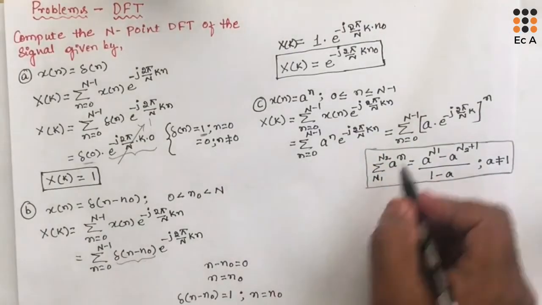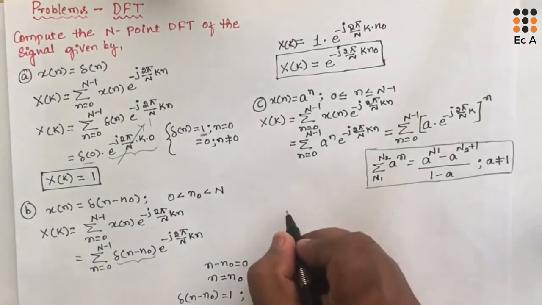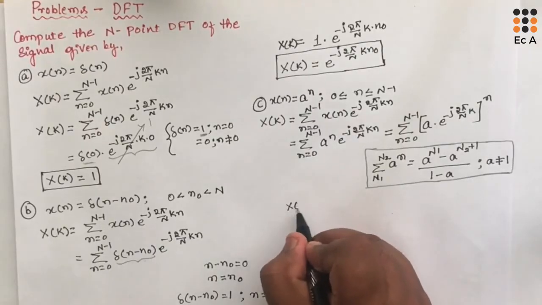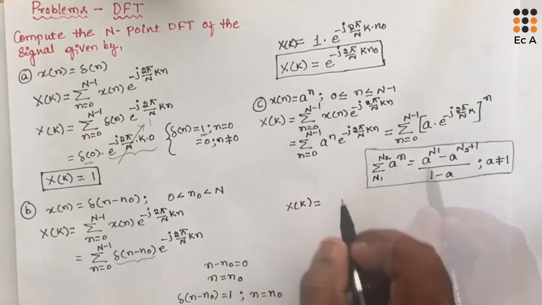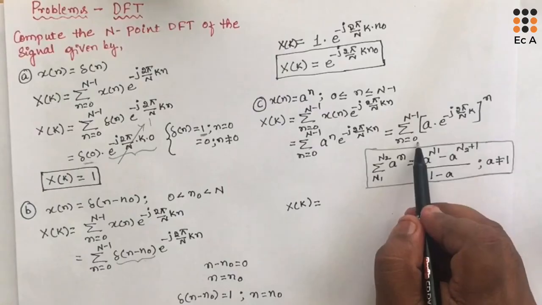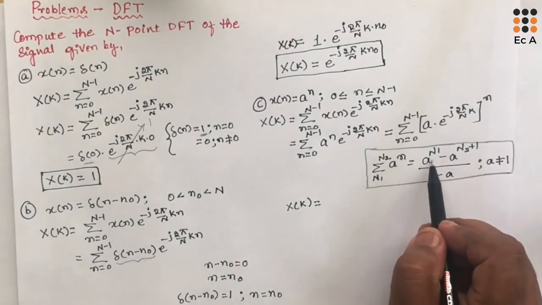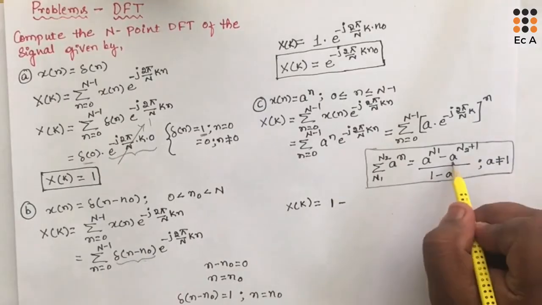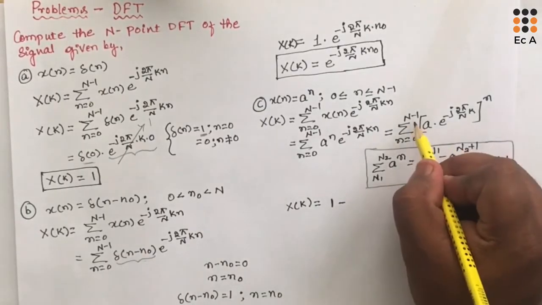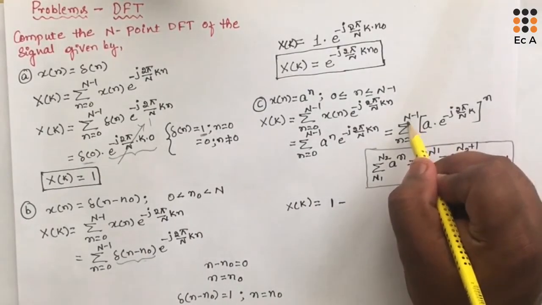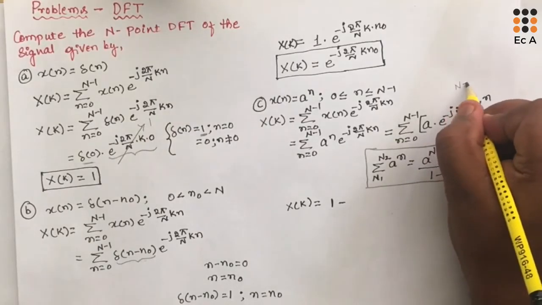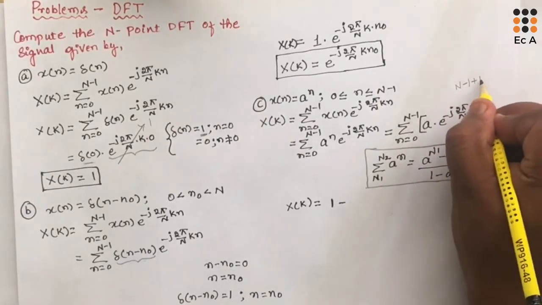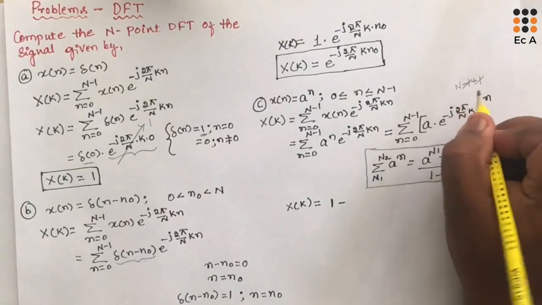Using this formula we can write the above expression as x of k is equal to a to the power of n1. n1 is 0. So a to the power of 0 it will be 1 minus a to the power of n2 plus 1. n2 is n minus 1. So it is n minus 1 plus 1. So plus 1 and minus 1 will cancel out.